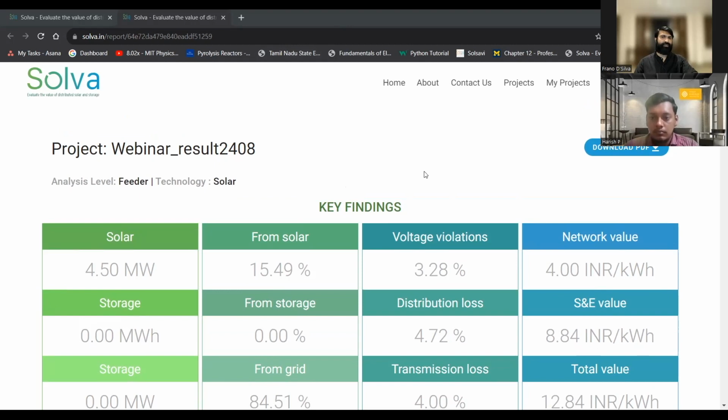If anyone has questions regarding the tool as well as the simulation, we can resolve it immediately. Assuming everyone understood everything, I proceed toward stopping to share my screen and go to the presentation.